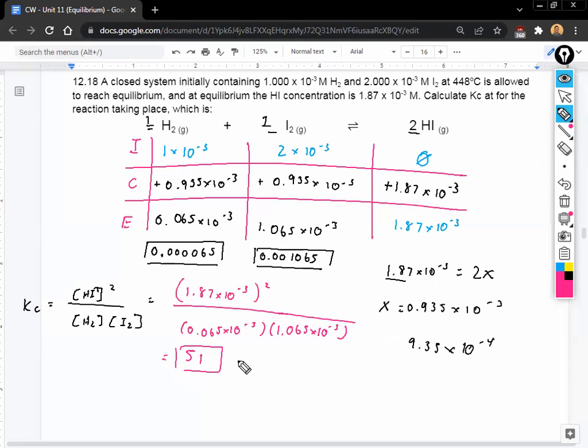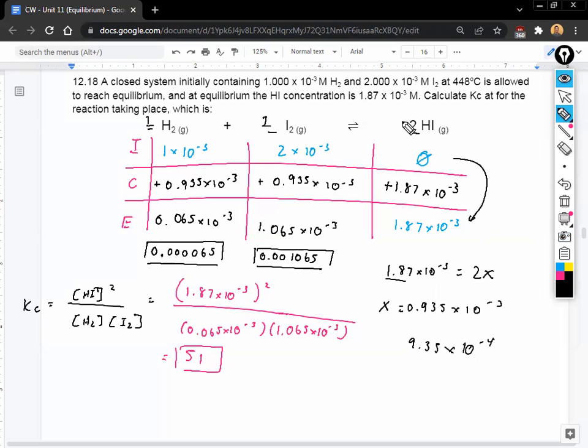Okay. Yeah. So which one? The equilibrium? Yeah. So what we did was we started with this one and that one, the blue ones, right? So what we did was we calculated the change, which is going to be 1.87 times 10 to the negative 3, right?